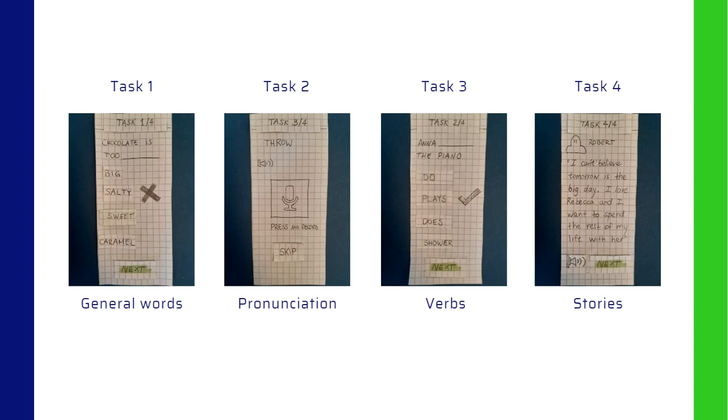Then there are four different tasks that users have to follow: choosing between words, recording words to check pronunciation, choosing the correct verb and conjugation, and answering a question after reading a short story.